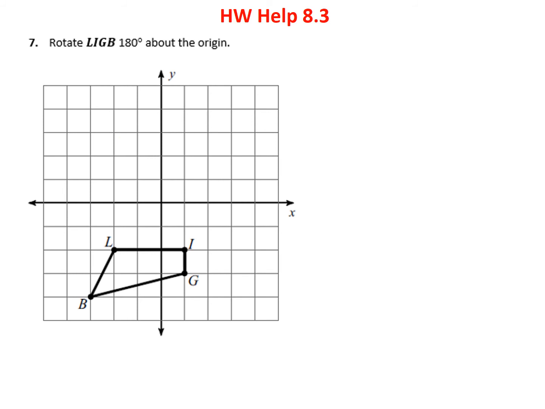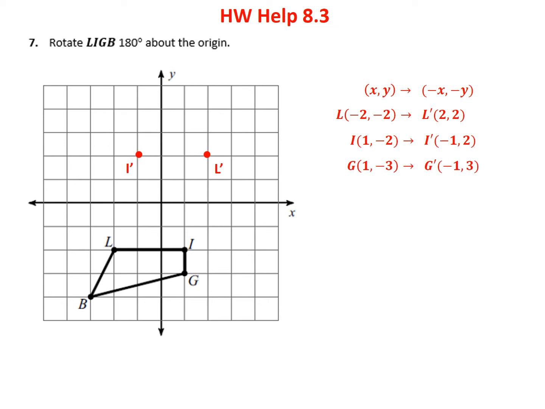In problem 7, we're going to do what we did earlier. We're going to take the points using this rule, and remember the rule for 180 is you just take the opposite of each of them. But we're going to do that and then actually use it to plot. Notice my first point, (-2, -2) becomes (2, 2), so I can plot that point there. I is (1, -2), so the opposite of 1 is -1. The opposite of -2 is positive 2, so we'll plot that point there.